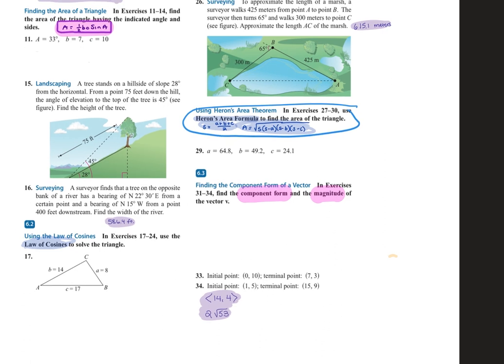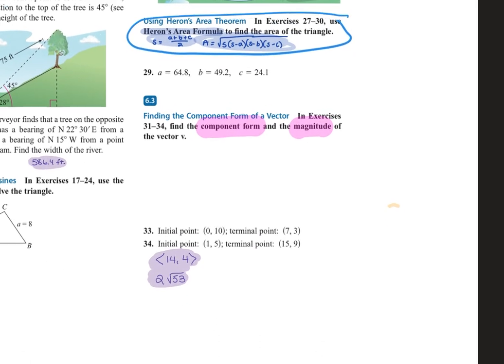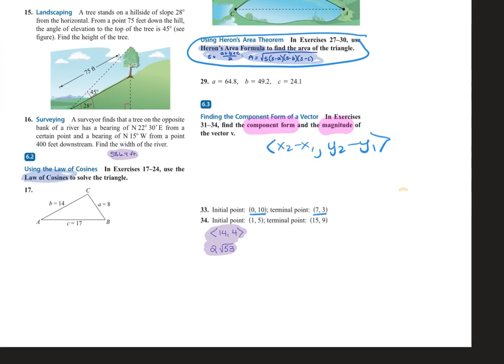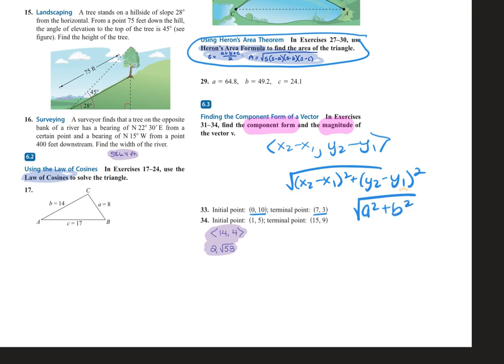In 6.3, we got into vectors, and we talked about component form. This is your x2 minus x1, comma, y2 minus y1, where your initial point is your 1s and your terminal point is your 2s, and you leave it in component form. Then the magnitude is the absolute value, the square root of x2 minus x1 squared plus y2 minus y1 squared, or if you already have the component form, it's the square root of a squared plus b squared.